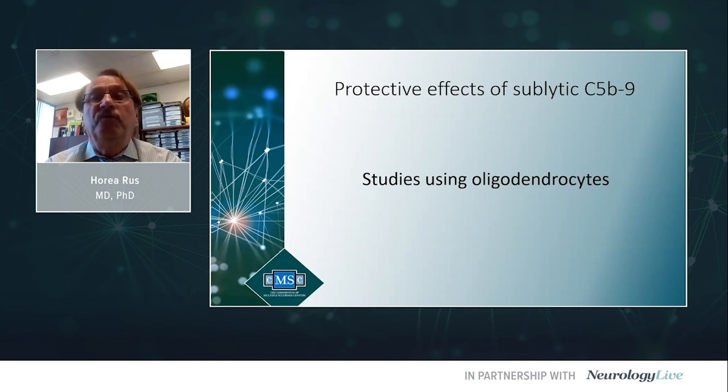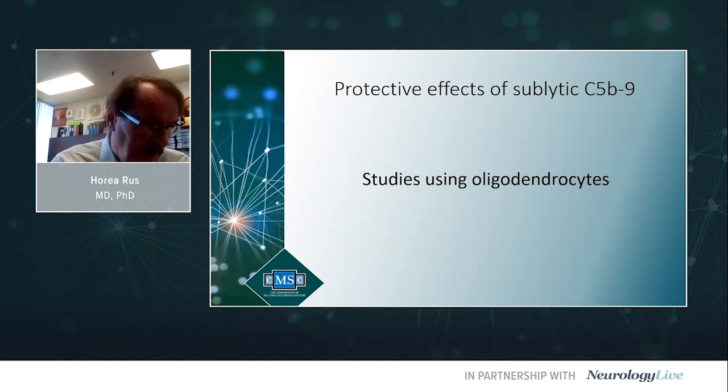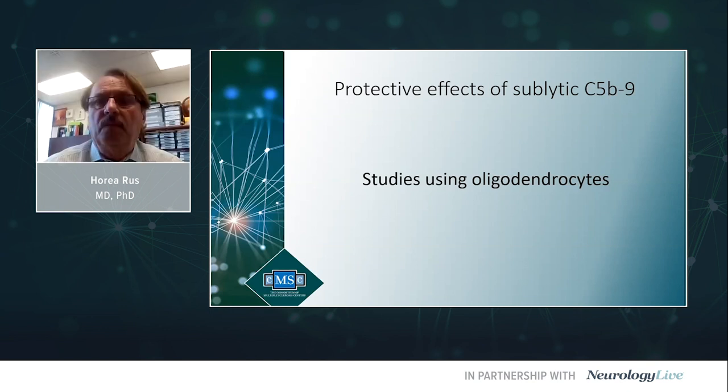As we discussed before, the C5b29 complex can induce cell lysis when a significant number of these complexes assemble on the membrane, or at sublytic level can induce cell activation.